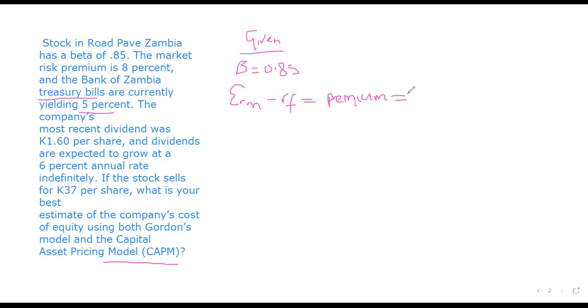Yes. What else are we given? A treasury bill is an example of a risk-free rate, which is 5%. So using the CAPM model, how do we calculate the cost of equity?